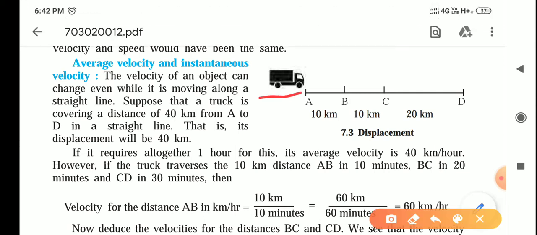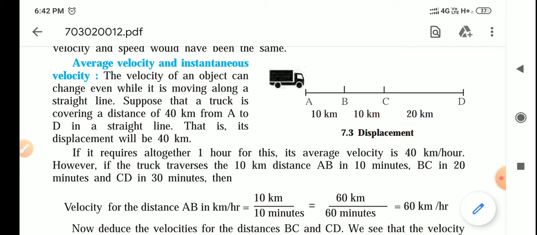One truck is moving from point A to point D. Okay, so if it is covering a distance of 40 km, which is equal to AD, in a straight line, its displacement will be 40 km. From A to D it is 40 km. 10 plus 10 plus 20, which is equal to 40. So its displacement will be 40 km.